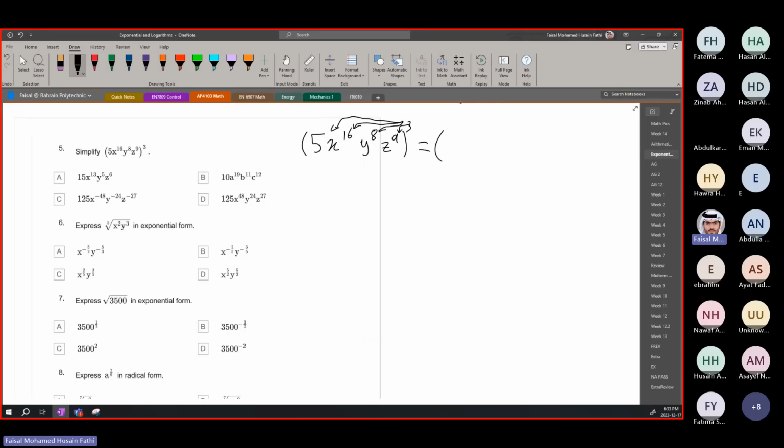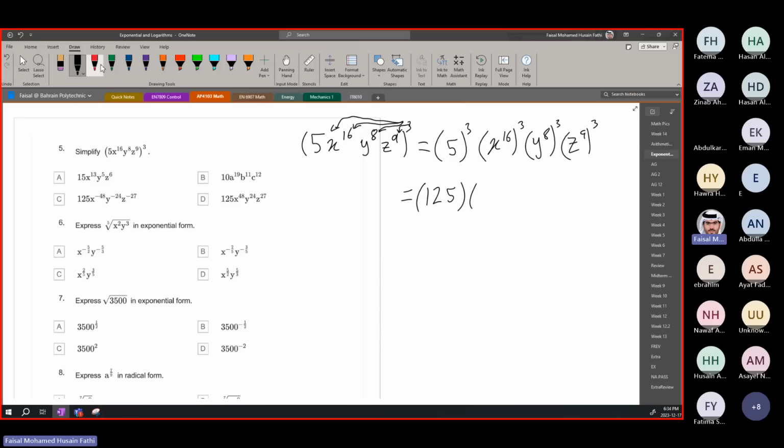So it's going to be equal to 5^3 x^(16×3) y^(8×3) z^(9×3). 5^3 is just 5 times 5 times 5, which is 125.